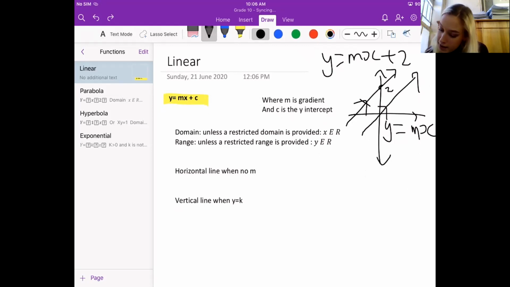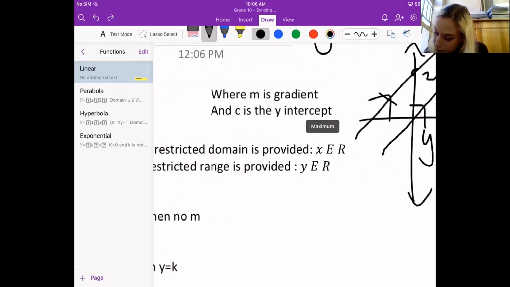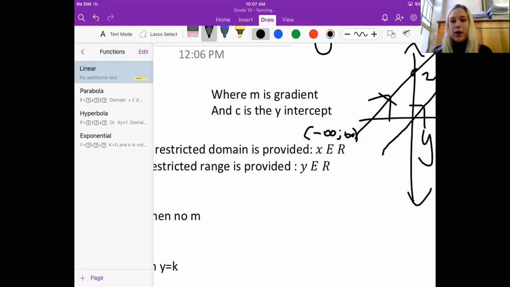So instead of writing x is an element of the real numbers, we can write from negative infinity to positive infinity. And we put curved brackets there because when we have curved brackets, we mean we're not including it, and when we have square brackets, we mean we are including it. Because we don't actually know what infinity or negative infinity is, we can't include it. So we have to put curved brackets.